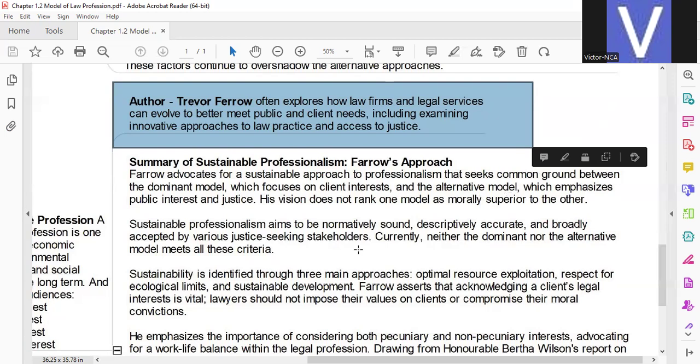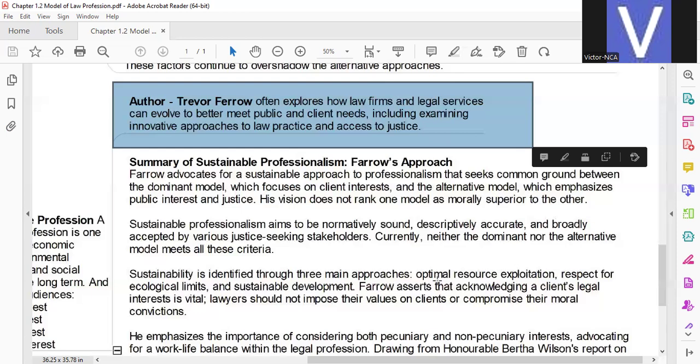Farrow advocates for a sustainable approach to professionalism that seeks common ground between the dominant model, which focuses on client's interest, and the alternative model, which, as we learned, emphasizes public interest and justice.